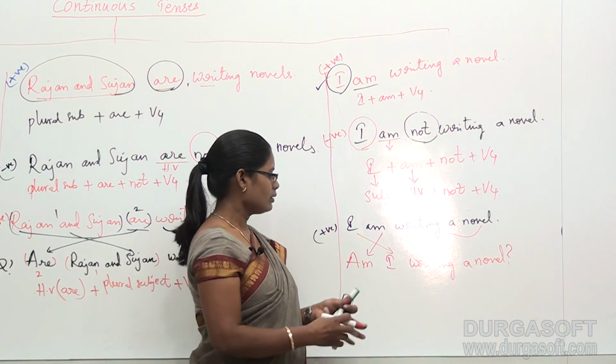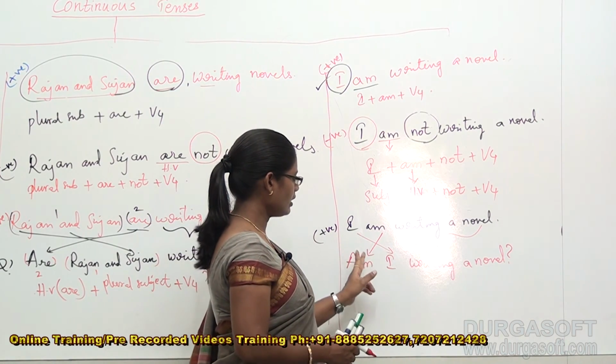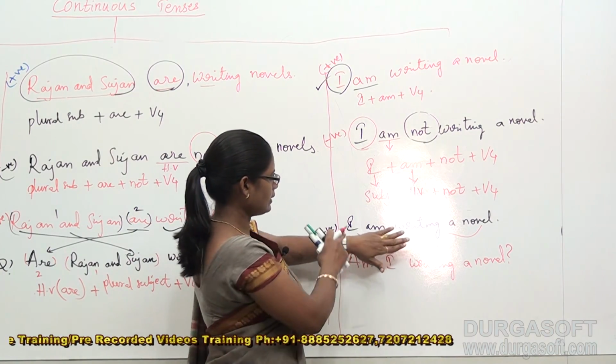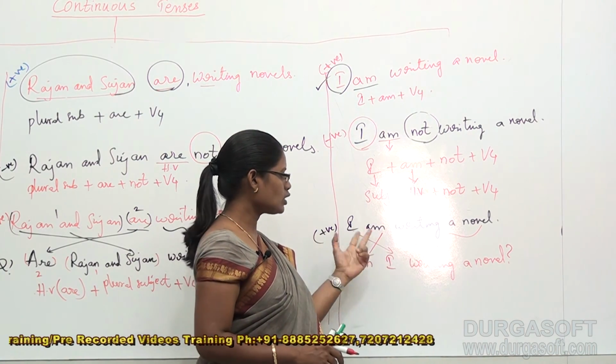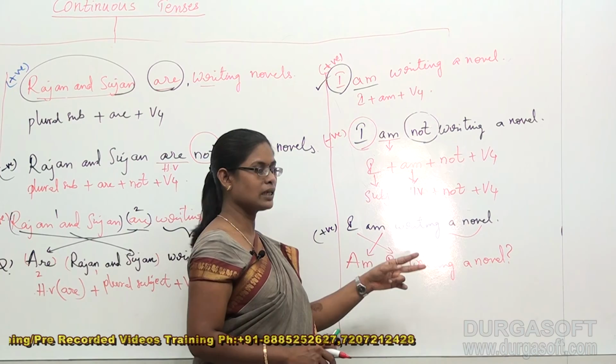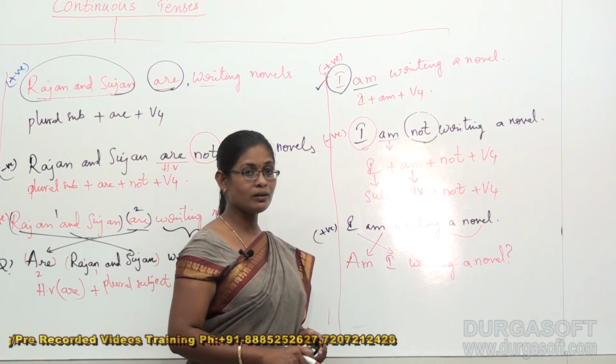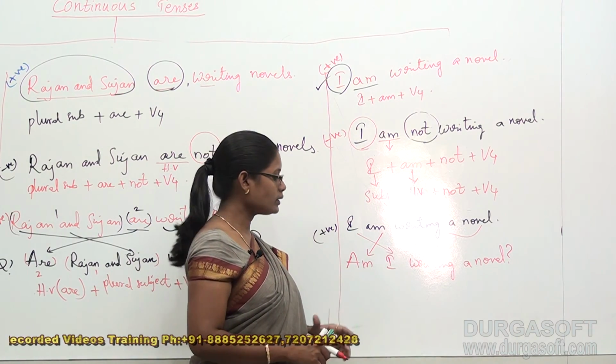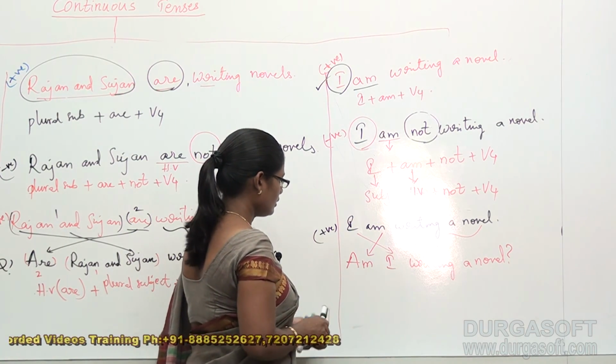Okay. When it takes place beside "I", it's like this: I am writing. When these two places are interchanged, it becomes like this: Am I writing a novel? So it's very simple for us. What is the structure for this? Very good.